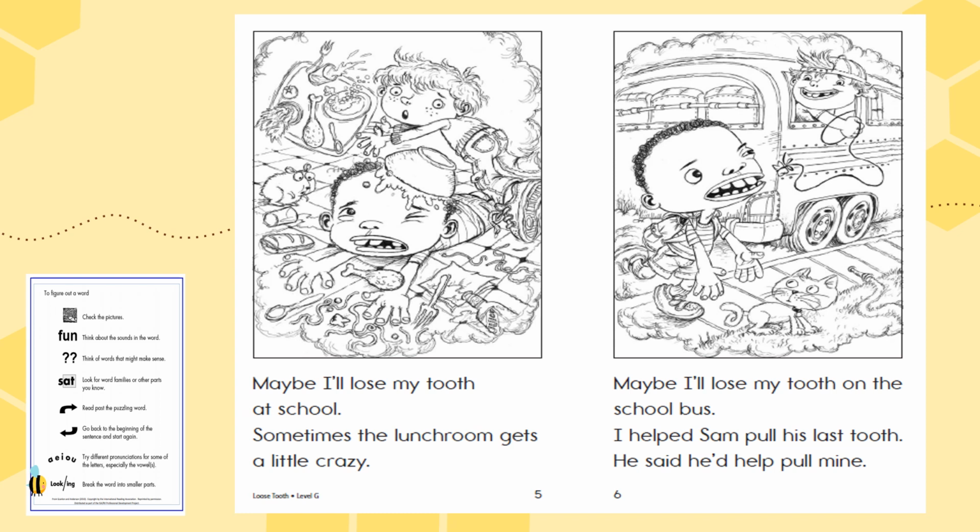There's maybe again. Maybe I'll lose my tooth at school. I'm not sure what this word is, but I do see a sight word in there. Some. I see the silent E too.